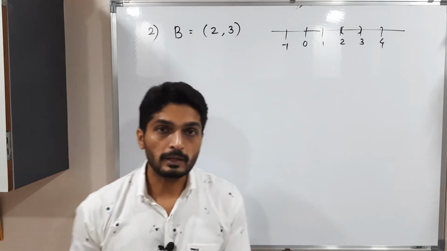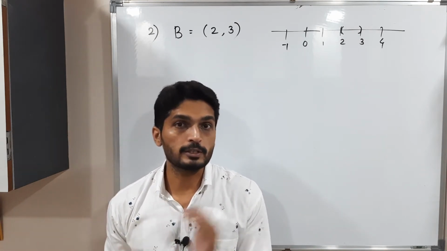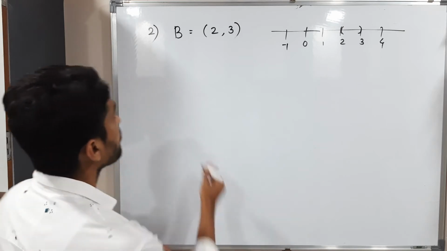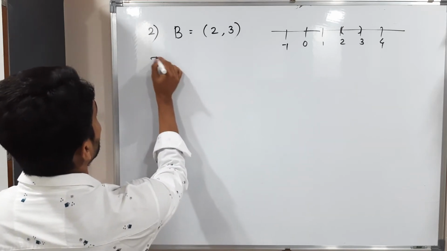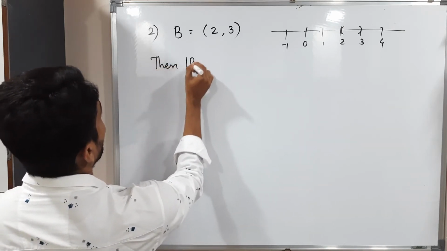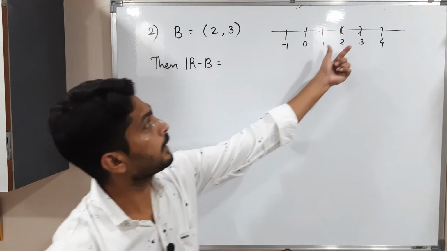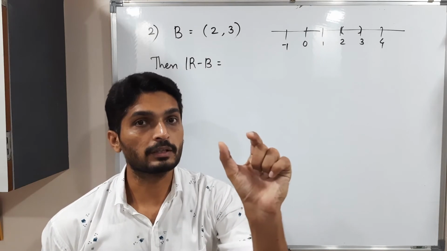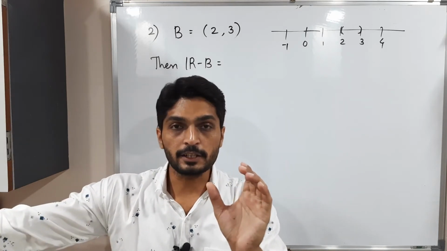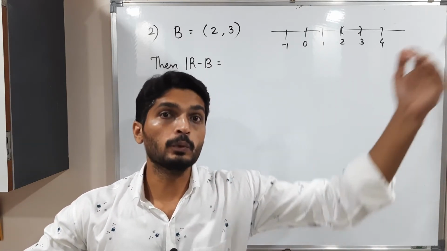That means this interval does not contain its boundary points 2 and 3. What will be its complement? Can you tell me? Then R minus B. We have to remove only the interval (2, 3). So we will have minus infinity to 2 and 3 to infinity.